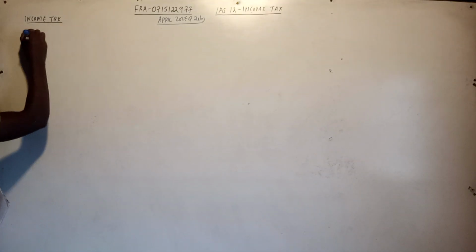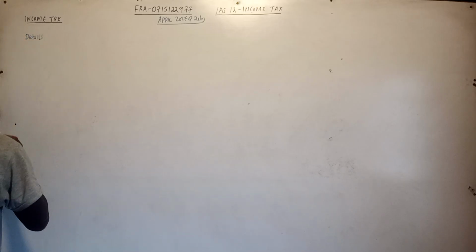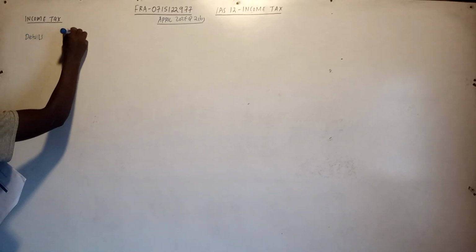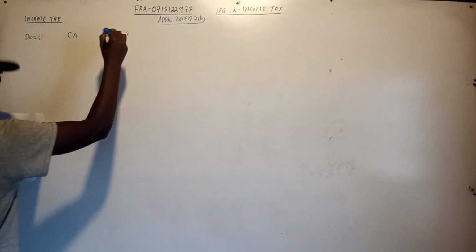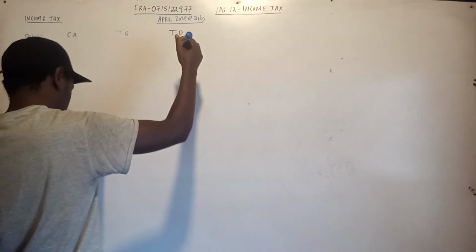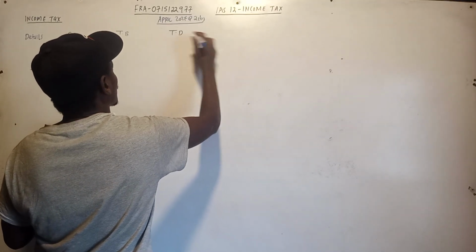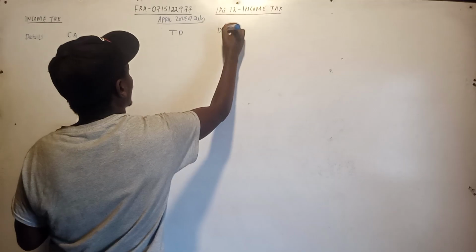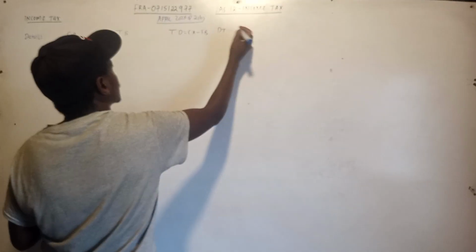Now we shall start with the details. Then we have our carrying amount, then our temporary difference, then the deferred tax. Remember, temporary difference is equal to carrying amount minus tax base.